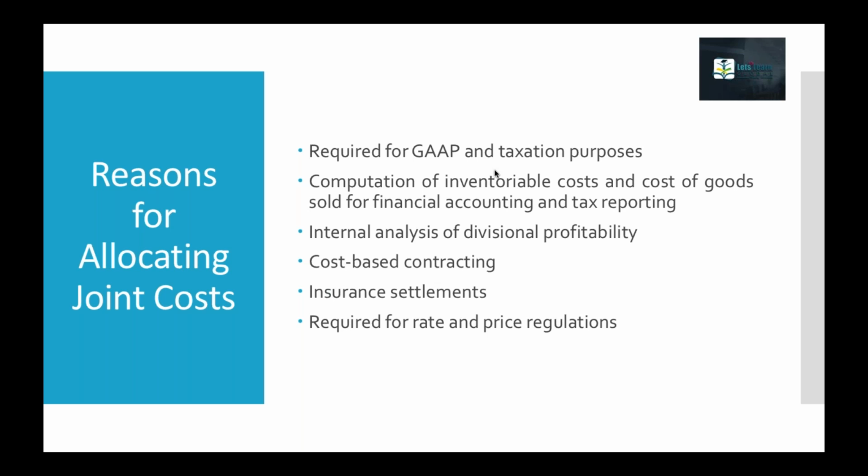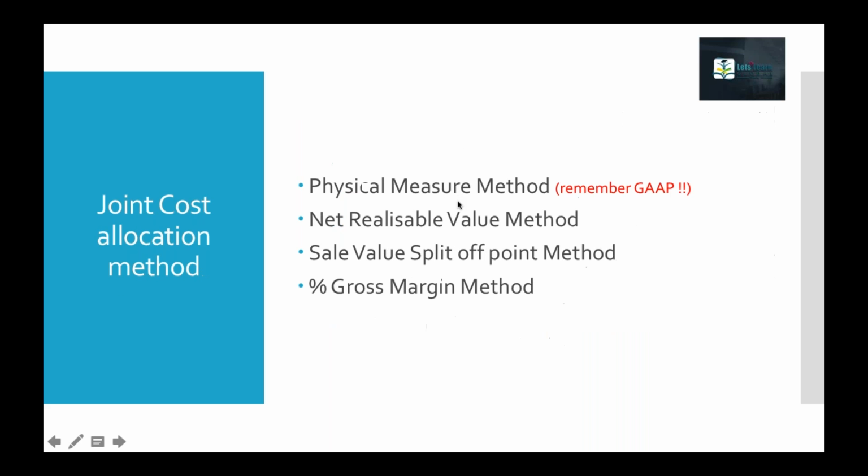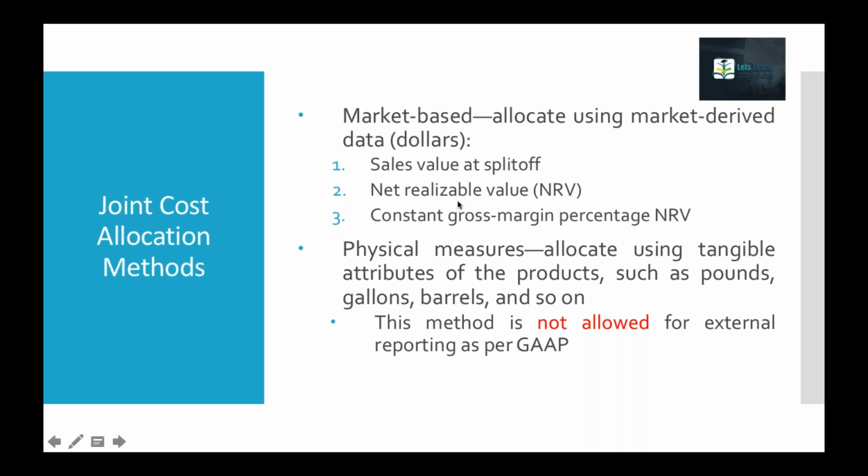Sometimes we may have a customer ordered goods, and we need to give them a quotation for the price of the goods. So in that case, cost based pricing contract. If any loss is there to claim from the insurance company, we must know the product cost, and also for fixing the selling prices. Now the methods, in fact we have two methods. One is the physical quantity method, and the next one is the market based method.